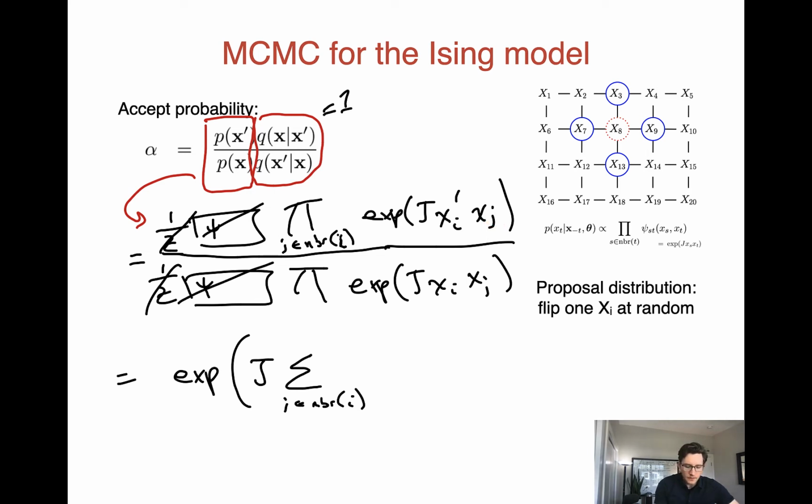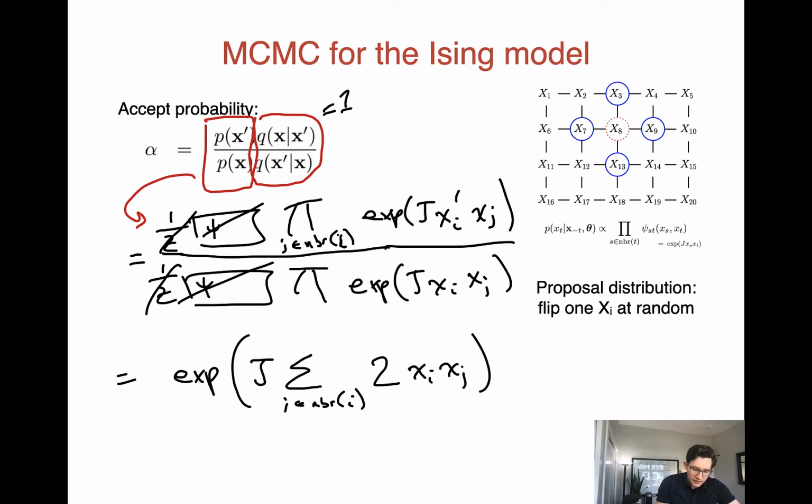Vice versa, if xi and xj mismatch, this is going to be a -1, this is going to be a +1. We're going to have +1 minus -1, that's going to be 2. So what we're going to end up getting is just 2 times xi xj.